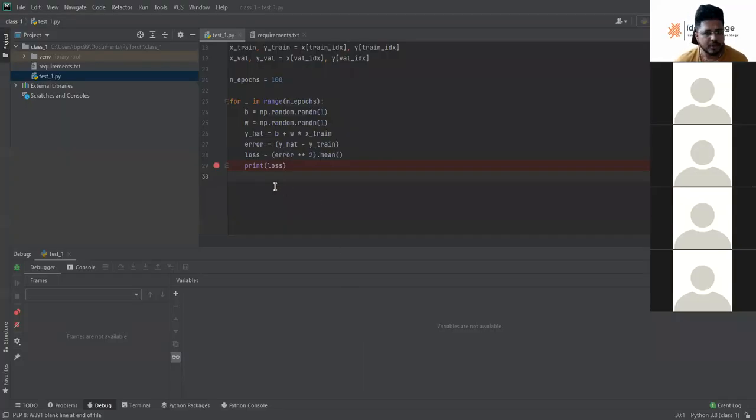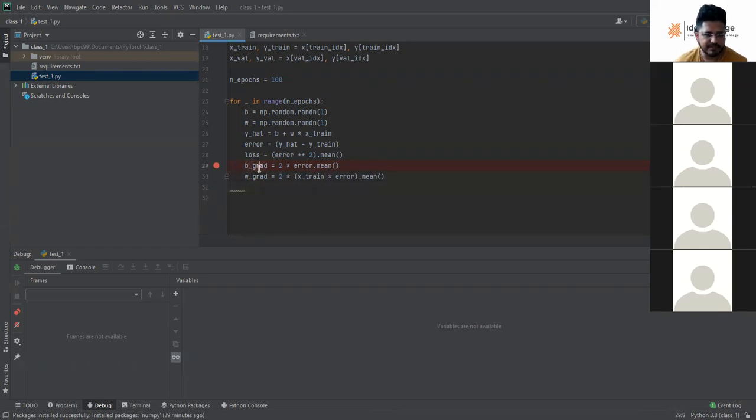So here now we had calculated the loss. Now our second step is to calculate the gradients, right? So we have to calculate the gradient: B gradient, W gradient. Okay.